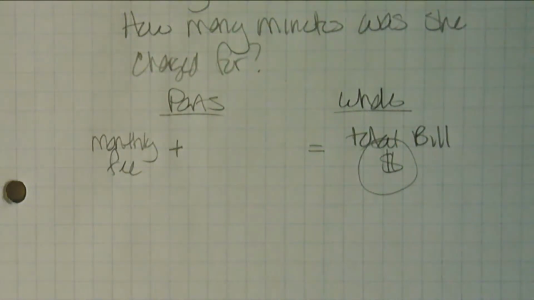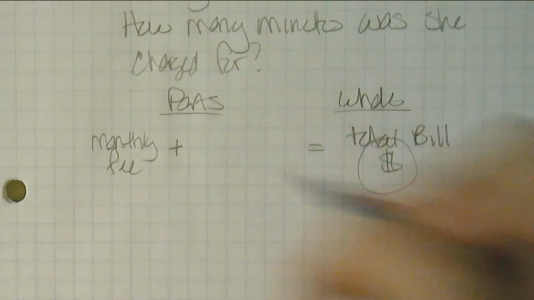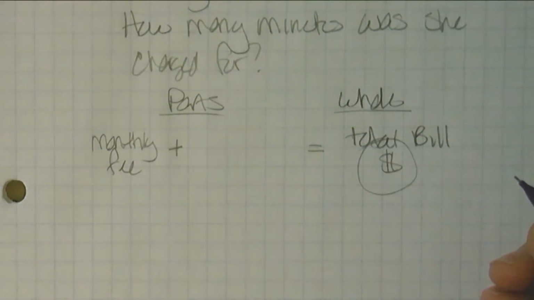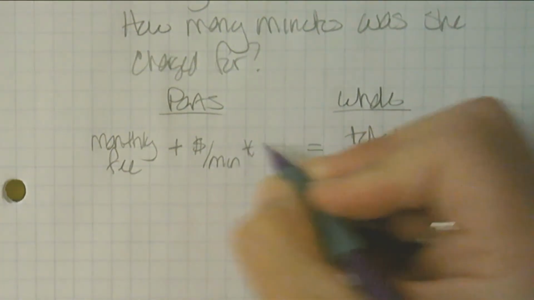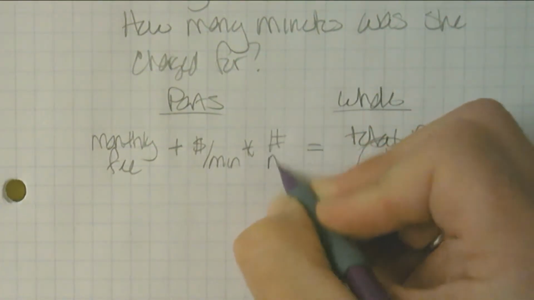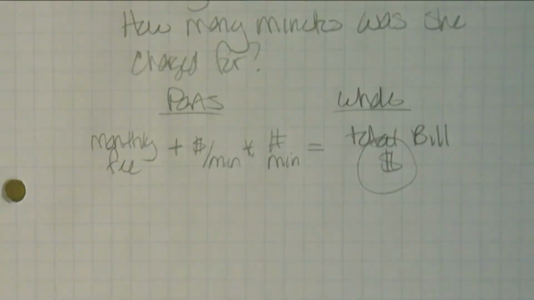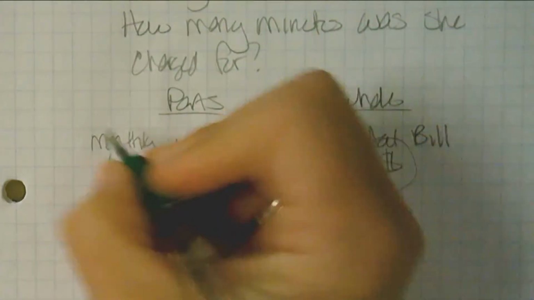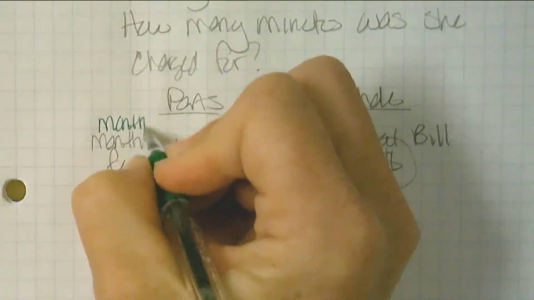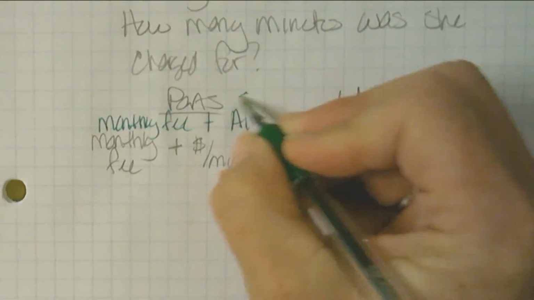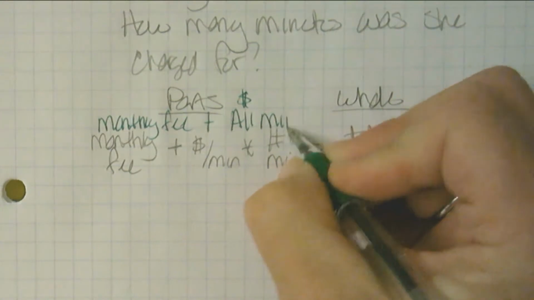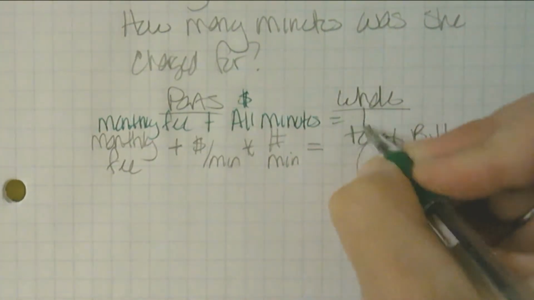Ashton? Excellent. Money per minute times my number of minutes. I'm paying for my monthly fee, and I'm paying for the cost of all the minutes. That equals my total bill.